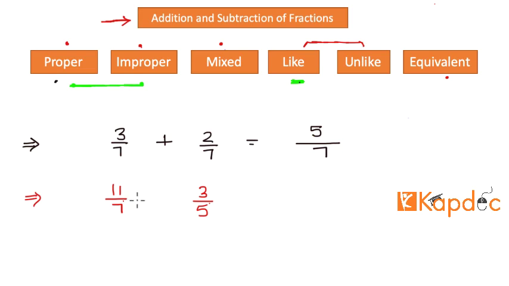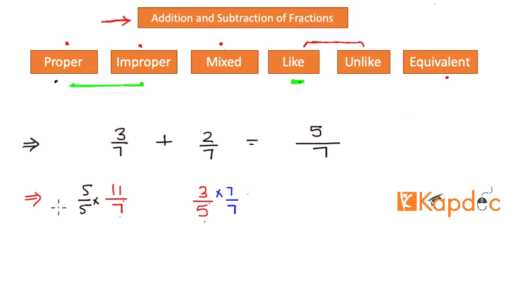You utilize the cross multiplication technique. Take the denominator 1, which is 7, and multiply that with the numerator and denominator of the second fraction. And likewise, take the denominator 2, which is 5, and multiply that with the numerator and denominator of fraction 1.